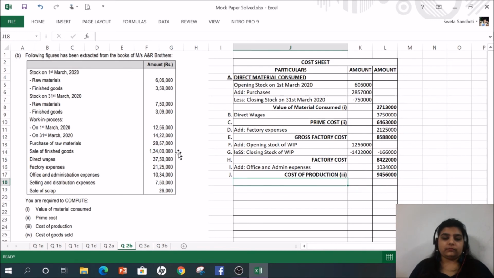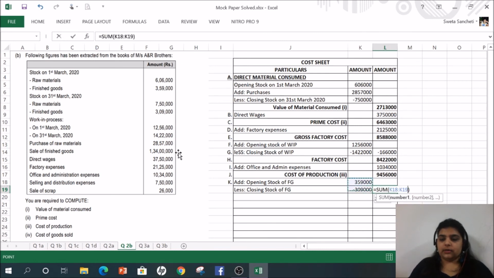that is 94,56,000. After that what we do is we are going to add our opening stock of finished goods and less our closing stock of finished goods. Opening stock is 3,59,000 and closing stock is 3,09,000.